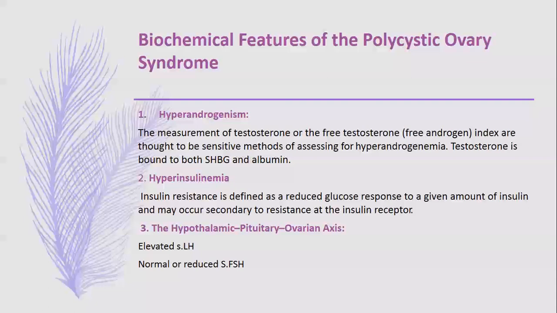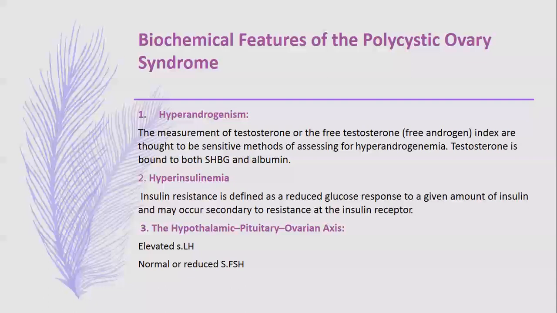So when I want to look for hyperandrogenism in this patient, I should send the patient for free androgen index, free testosterone, and sex hormone binding globulin, to see if the patient has low sex hormone binding globulin. For that, the free androgen will stay free in the body and go to the target organ. Hyperinsulinemia, insulin resistance, is defined as a reduced glucose response to a given amount of insulin.